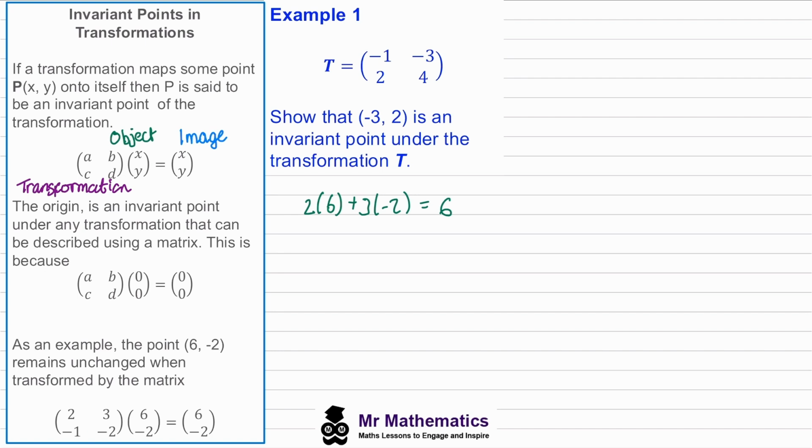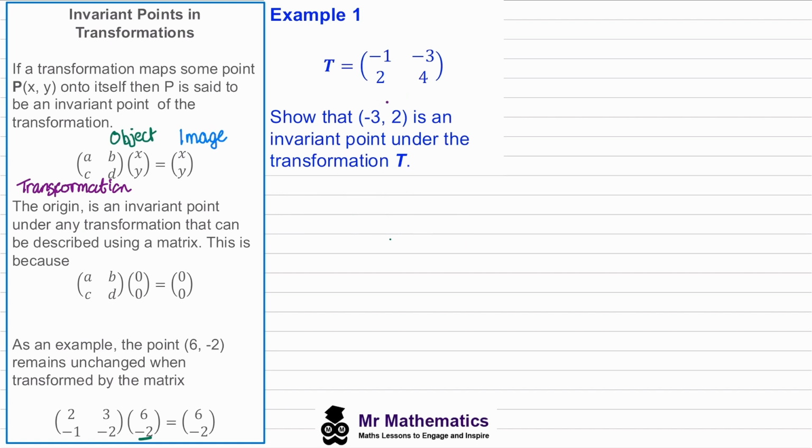Then we multiply the second row by the column, so we get -6 minus 2 lots of -2, and -6 plus 4 does make -2. You can see the coordinates of this image are equal to the coordinates of this object. Hence, 6, -2 is an invariant point under this transformation.